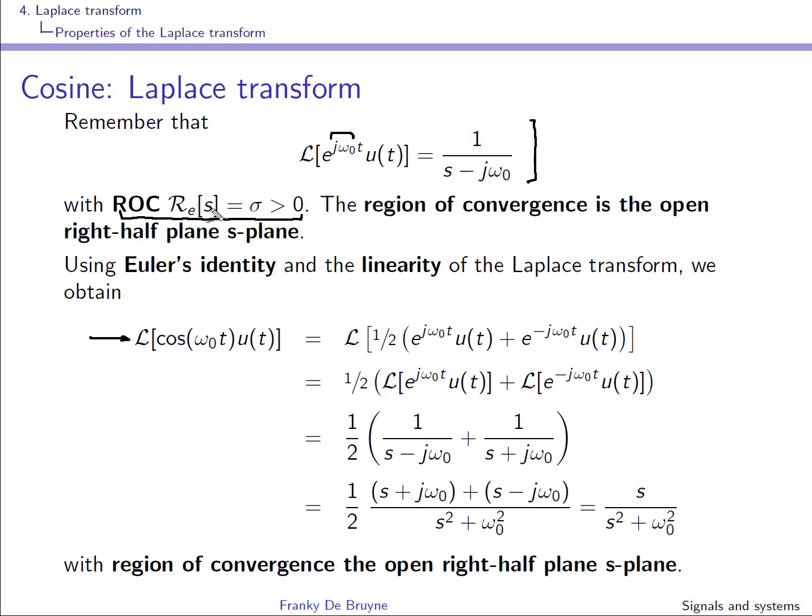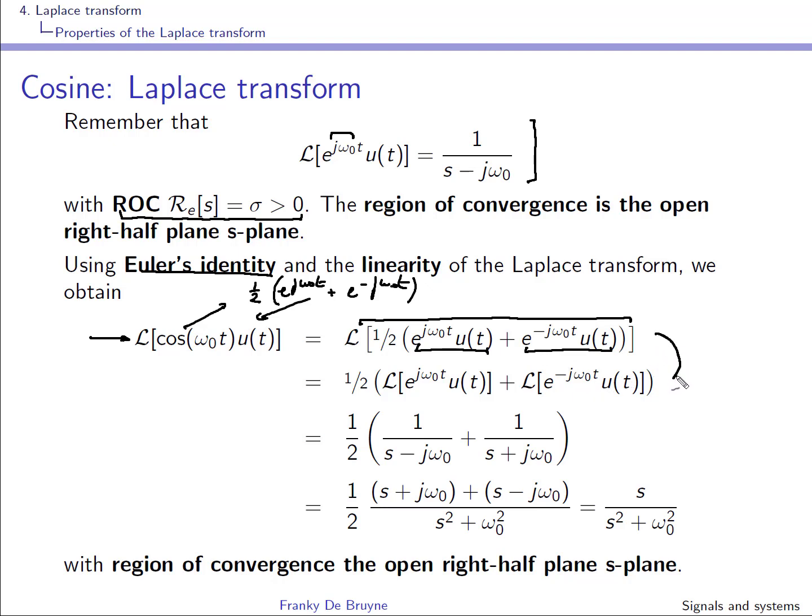Okay, so we know, or you should know by now, that the cosine can be rewritten as a half of e to the j omega 0 t plus e to the minus j omega 0 t. This is the Euler identity. So if we stick that in here, we obtain this relation. We know the Laplace transform of this signal, and we know the Laplace transform of this signal.